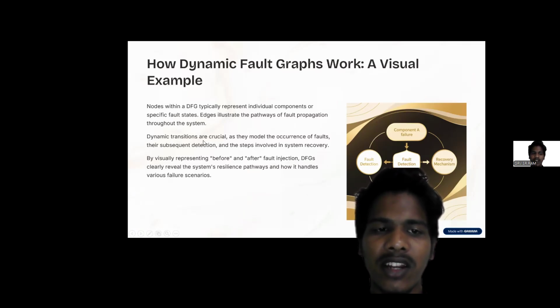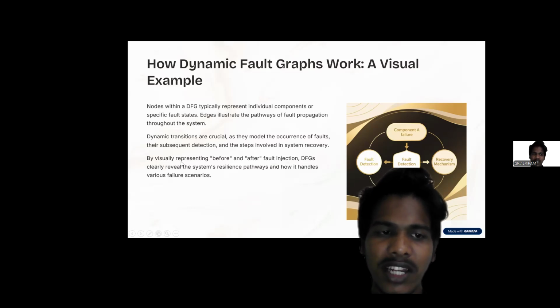Dynamic transitions are crucial as they model the occurrence of faults, their subsequent detection, and the steps involved in system recovery. By visually representing before and after fault injection, DFGs clearly reveal the system's resilience pathways and how it handles various failure scenarios.